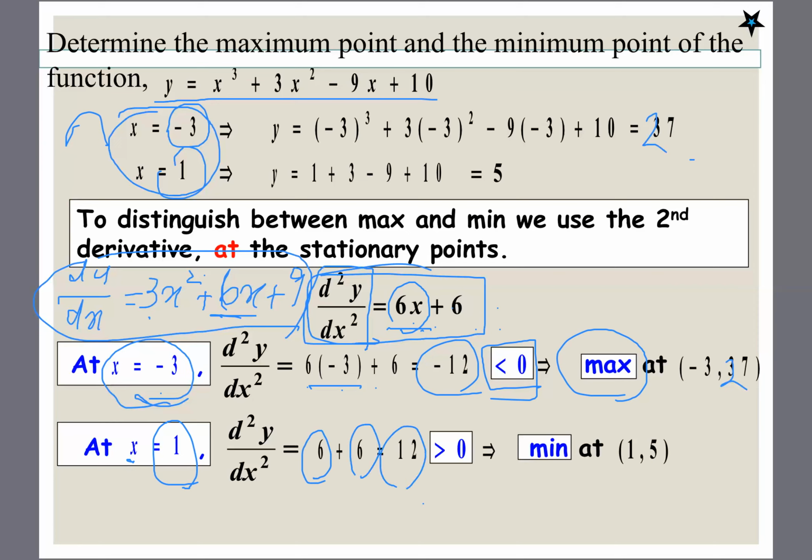That means plus, the final value is greater than 0, right? When applying the x value in the second derivative function, if it is plus, that means our original value is the minimum value.